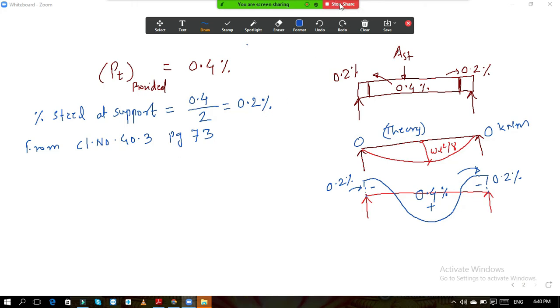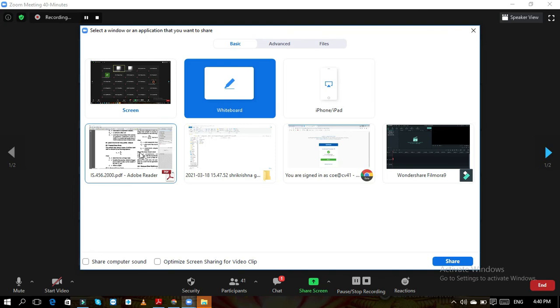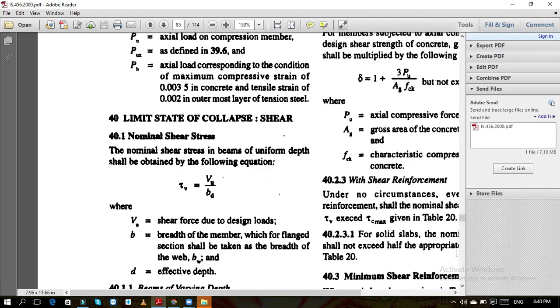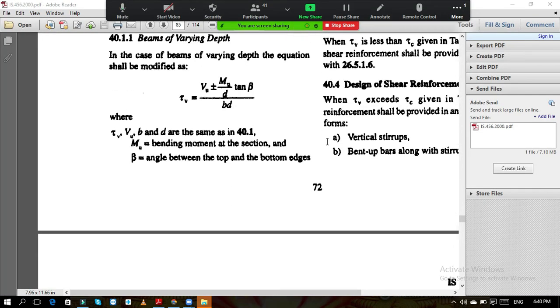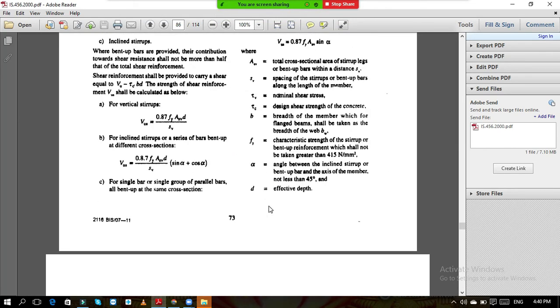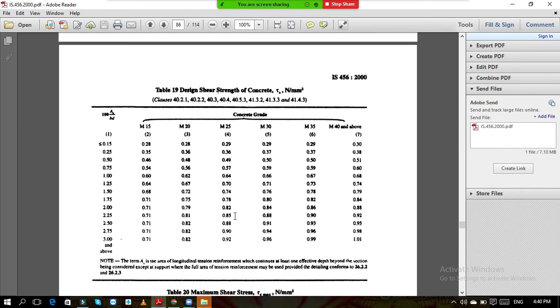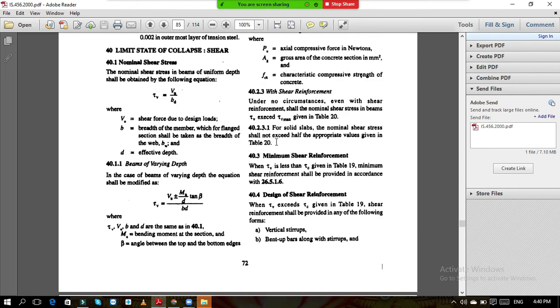Okay, so I will move to the IS code. So now we want page number 73. Clause number 40.3. See here. This is the clause number 40.3. Okay, so what does this clause say?